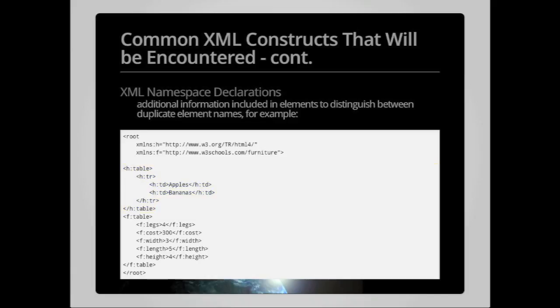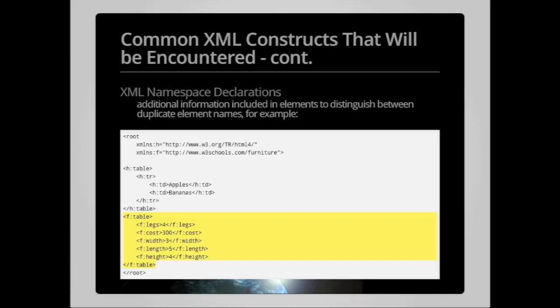When I'm talking about a furniture table element, I precede those elements with an F for furniture. That way, all of my elements, though they might have a common base name like table, are distinct from each other and have any ambiguity about what they mean reduced or eliminated through reference to the namespace.